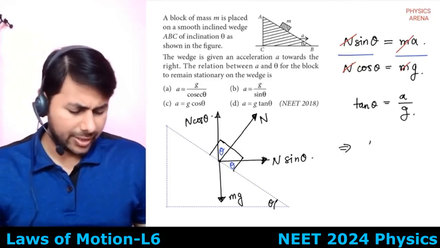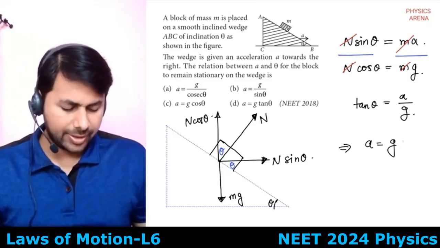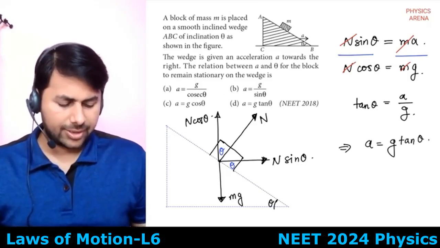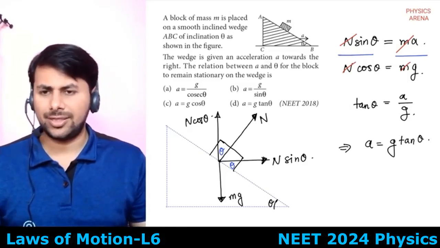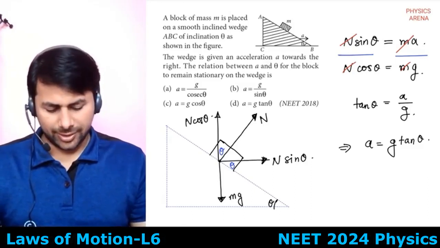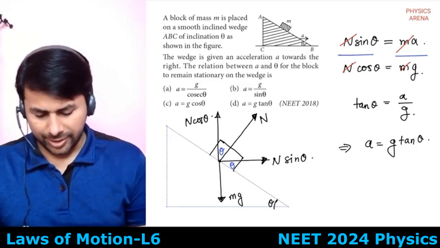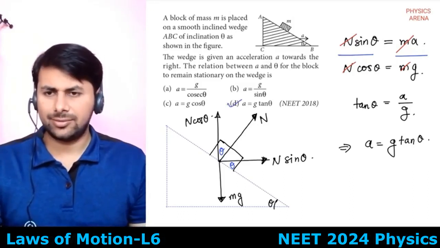And therefore how much should be the acceleration in order for all of these things to happen? It is g tan theta, right? Yes, no? Okay, so option D is the answer. Is this thing clear?